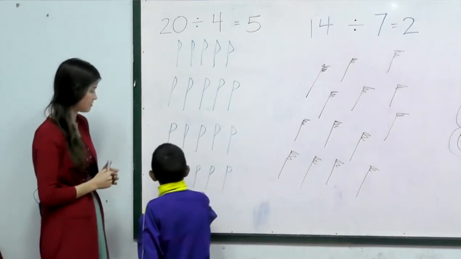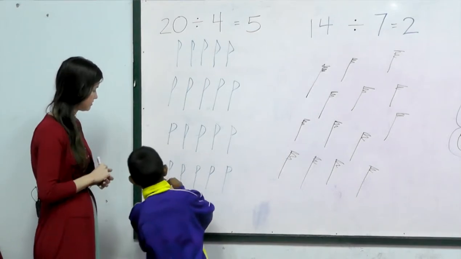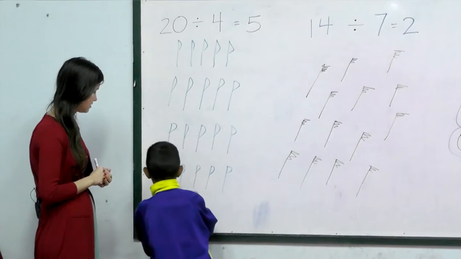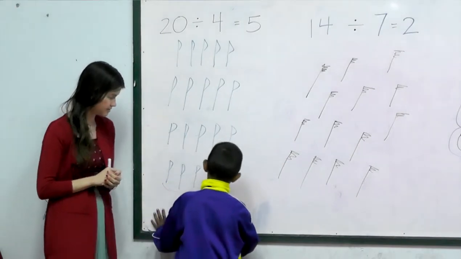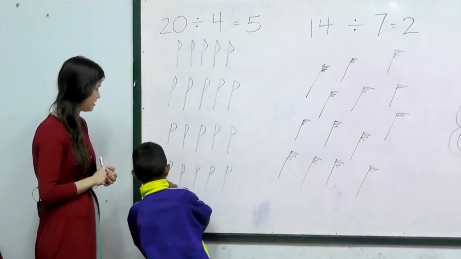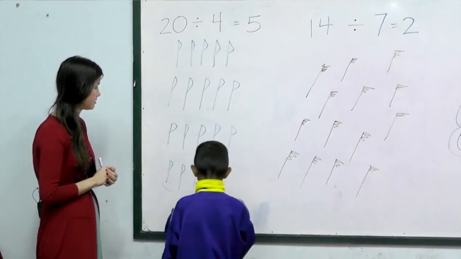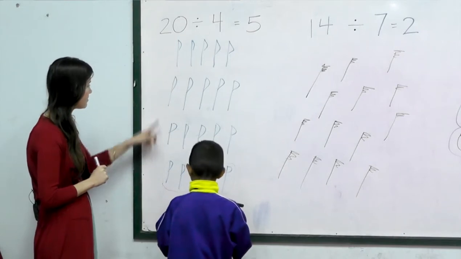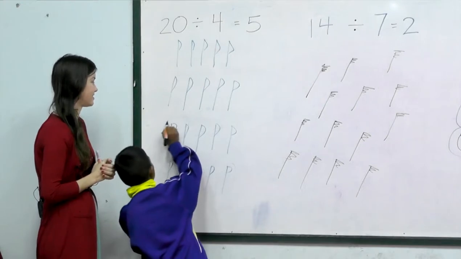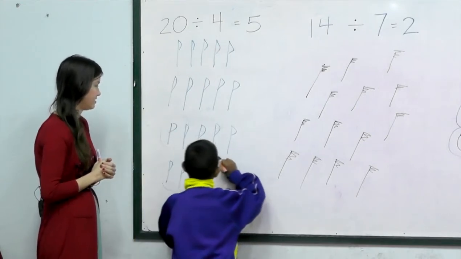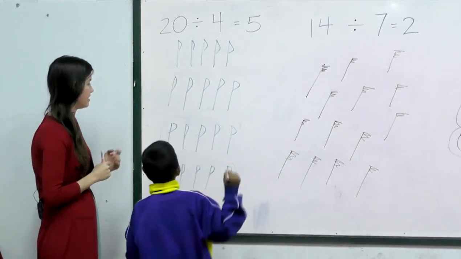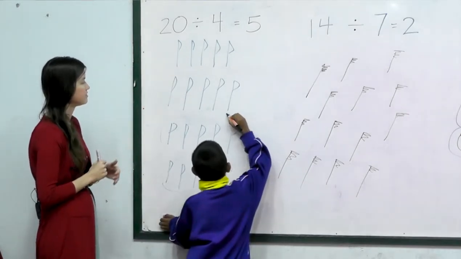So we'll put a big circle around those 5 knives. There you go. Very nice. There's one group. Good, keep going. We've got more knives. You're going to circle 5 knives. And 5 more knives.